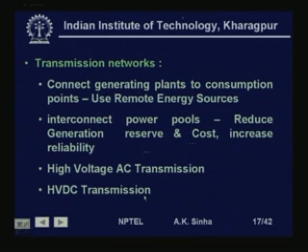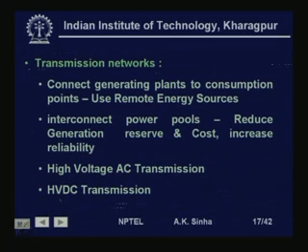Now, high voltage AC transmission connecting two synchronous machines will provide a synchronous link between the two systems, but if we convert the AC into a DC and then transmit it in terms of DC power and then again invert it at the other end into AC power, then the link that is there is no longer a synchronous link, and this we call as asynchronous link or asynchronous tie between two systems which run at synchronous speeds.